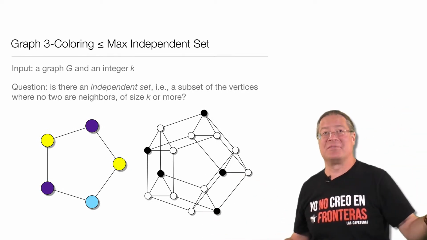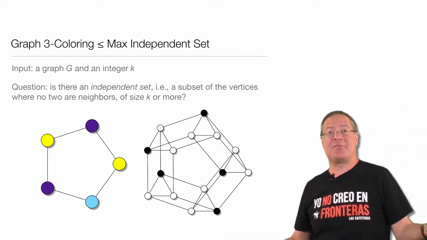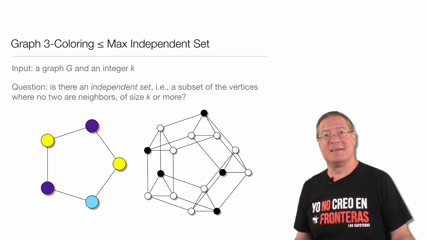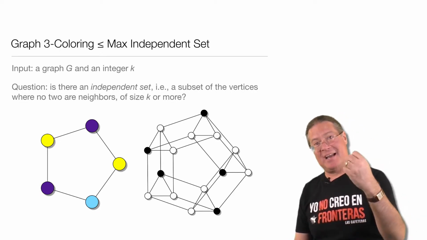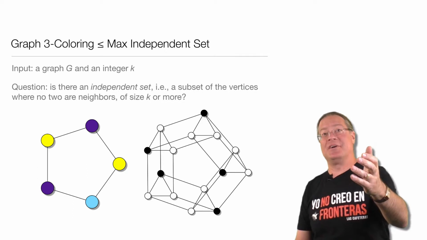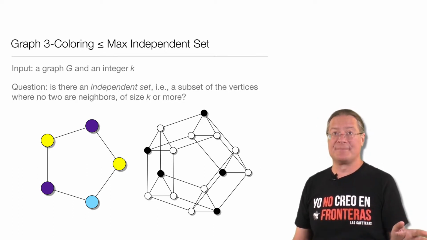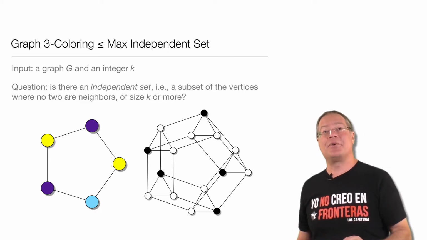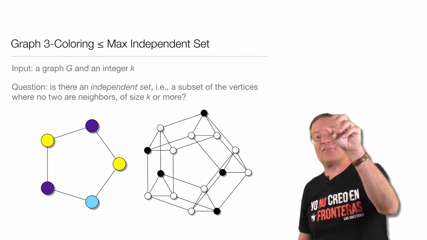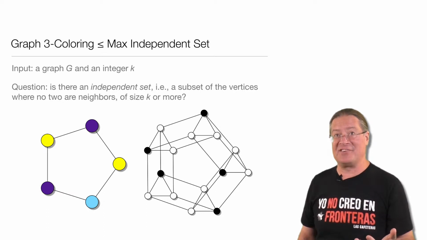Here's a quick proof, a very quick proof, that this problem is NP complete. On the left here, I have a little graph, a pentagon, and I've colored it with 3 colors, which, by the way, I need. On the right, you can see that I've expanded each vertex of the pentagon into a little gadget.